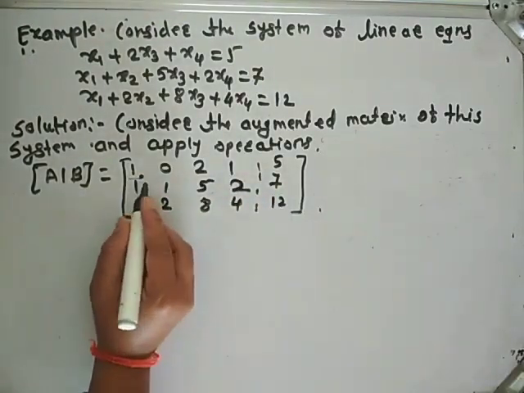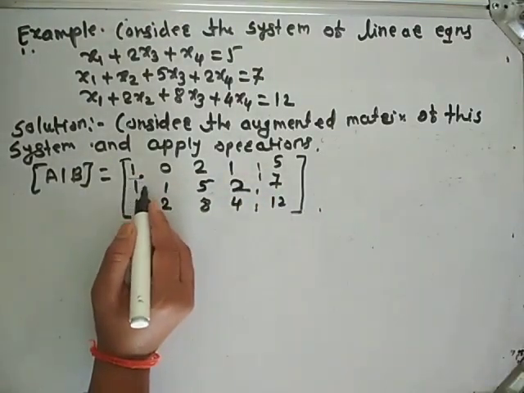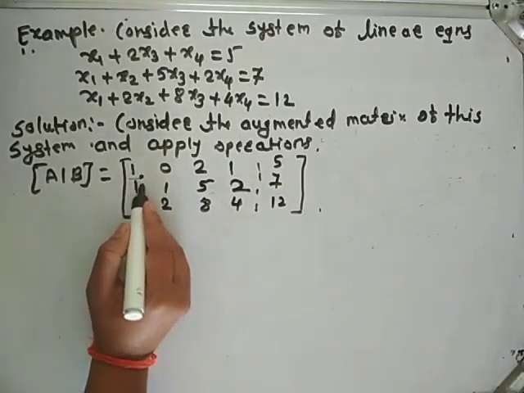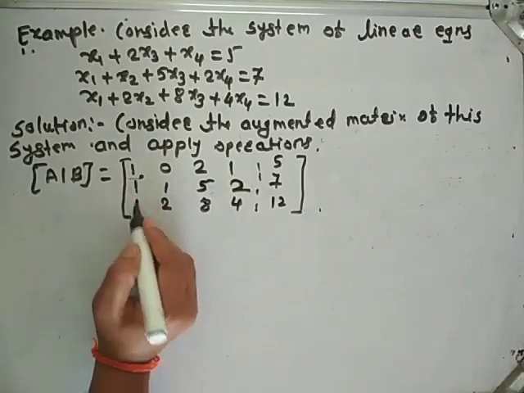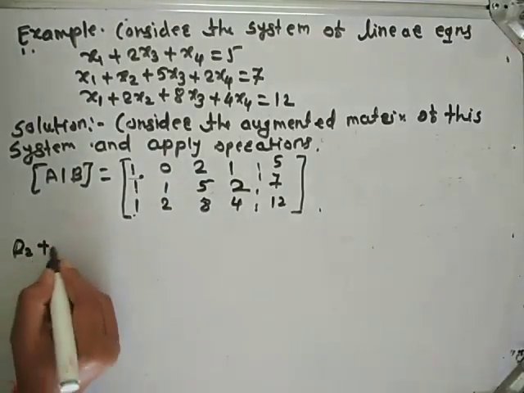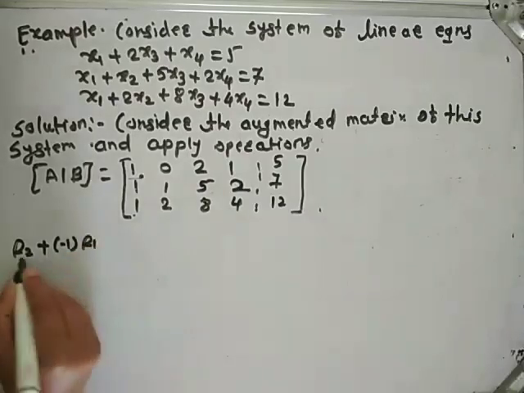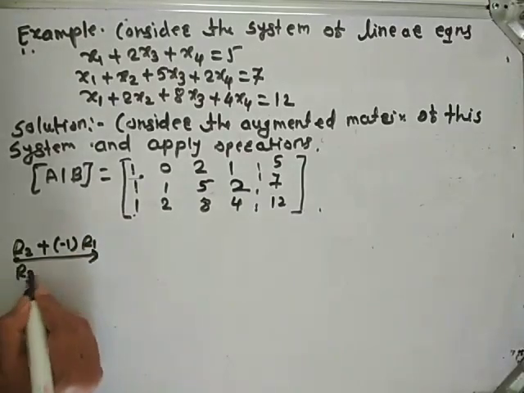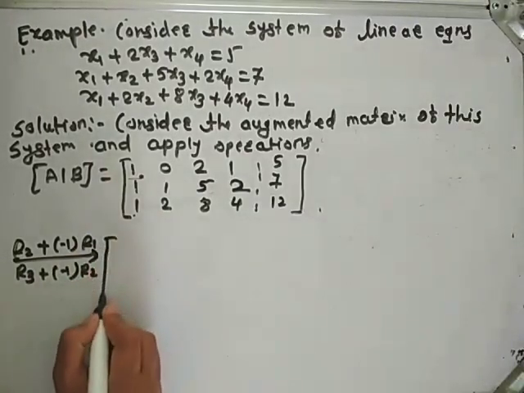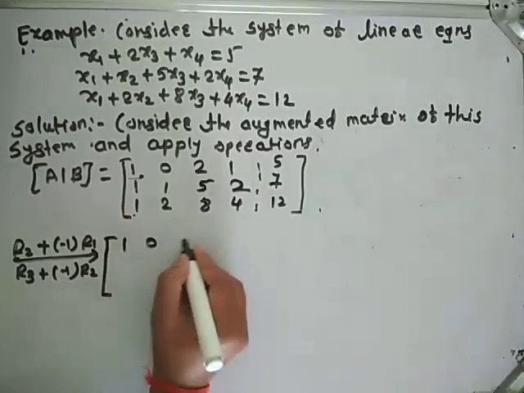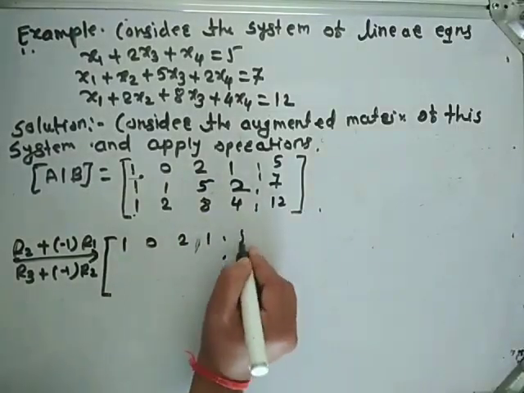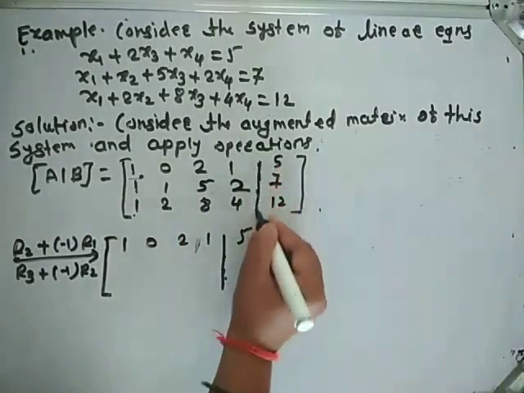So we have to obtain row echelon form and reduced row echelon form, in which we require 0 here and here. For that we will perform the row operations R2 plus minus 1 into R1 and R3 plus minus 1 into R2. So the matrix will become 1 0 2 1 5.